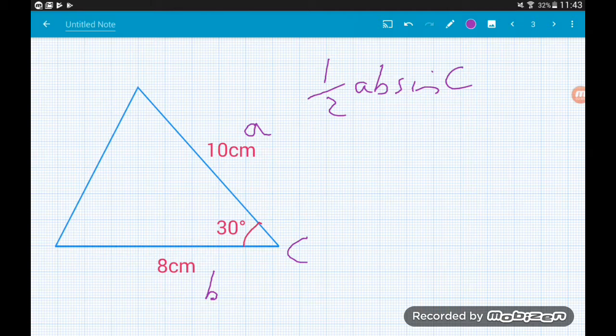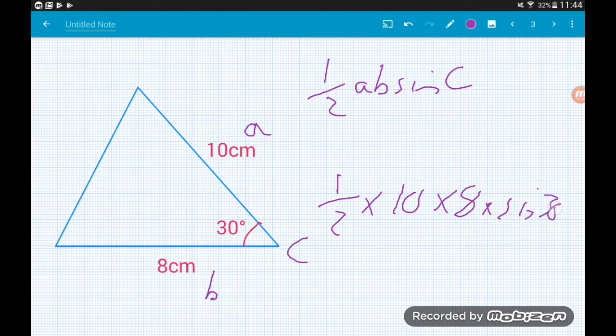Okay, so let's work it out. We are doing 1/2 times 10 times 8 times sine of 30.